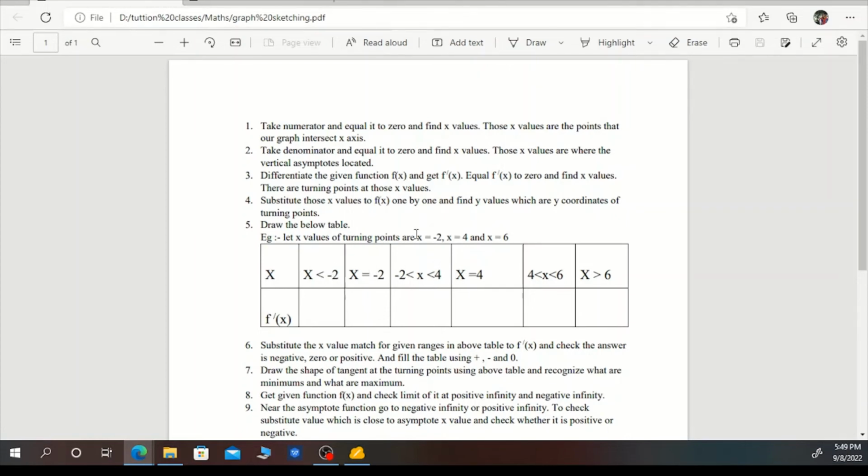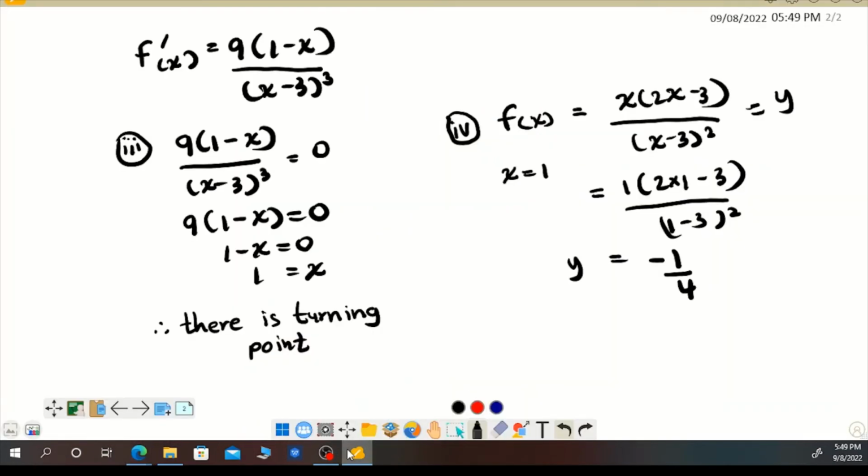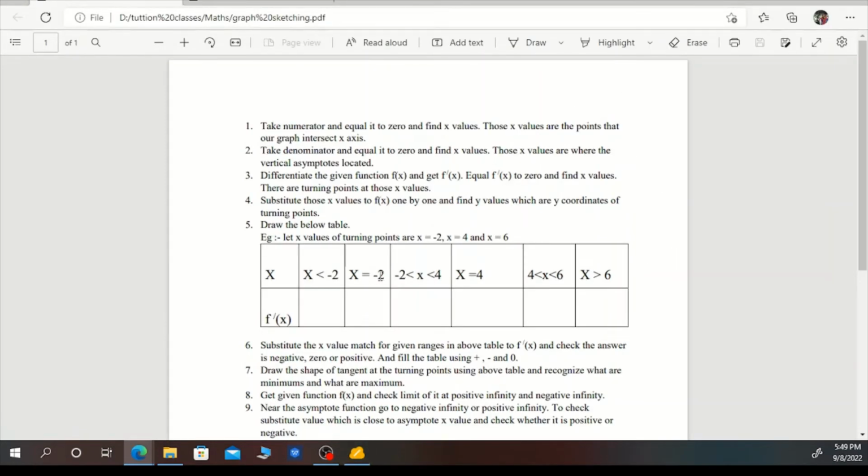So in my case, the x value is x equals 1. We always consider what happens near the turning point value.